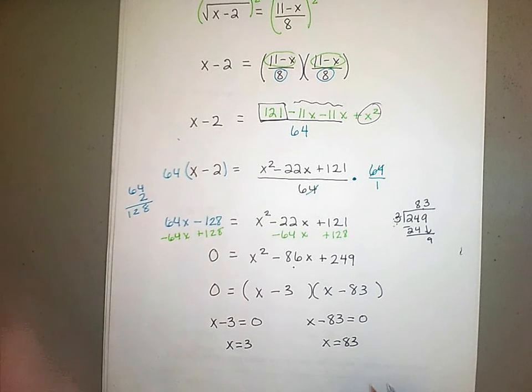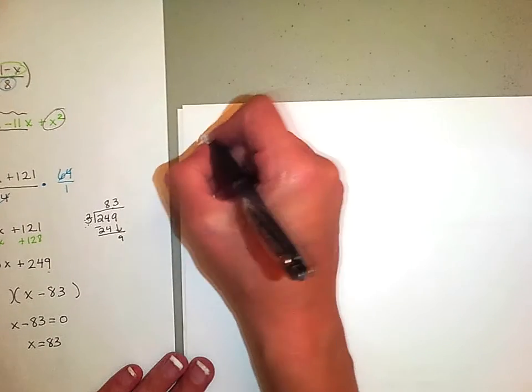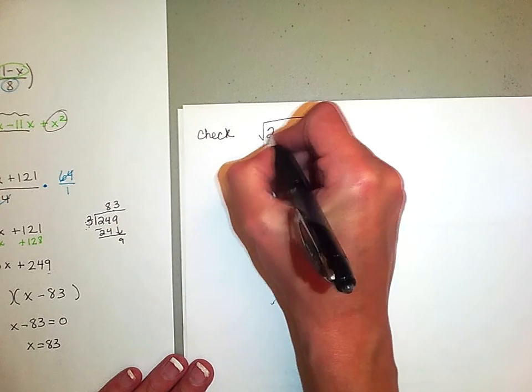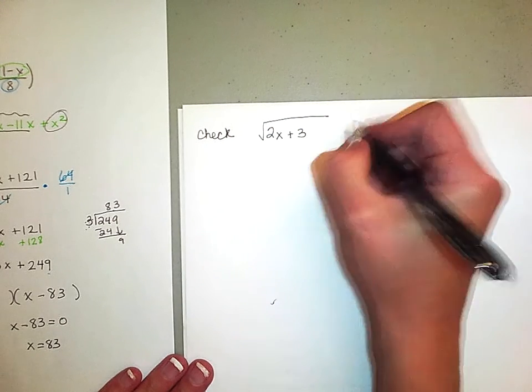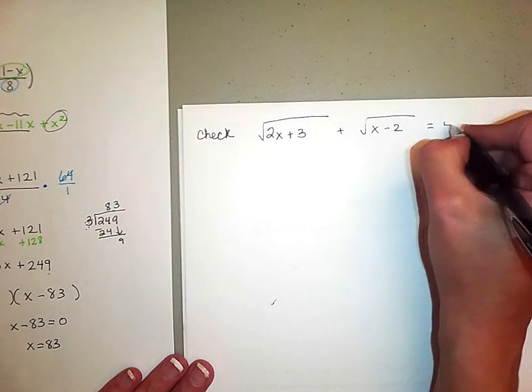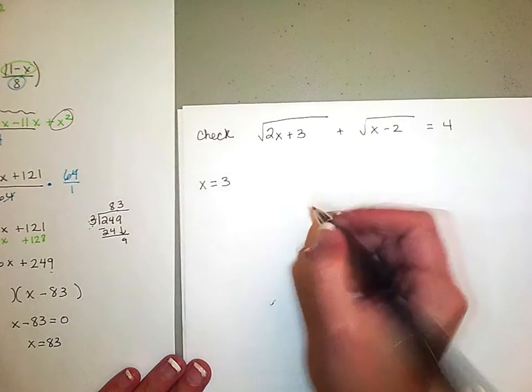And now we would need to do our check. So let's check our original equation, square root of 2x plus 3 plus the square root of x minus 2 equals 4. Let's check the small one first.